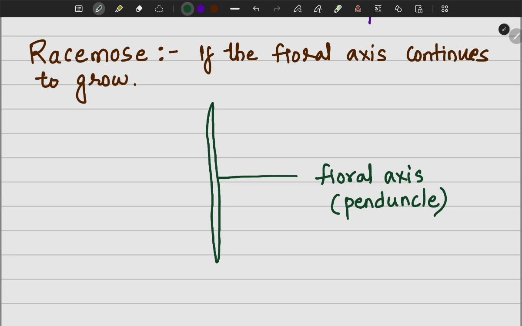So if the tip of the floral axis continues to grow, the arrangement of flowers is in acropetal succession, acropetal order. What is acropetal order?